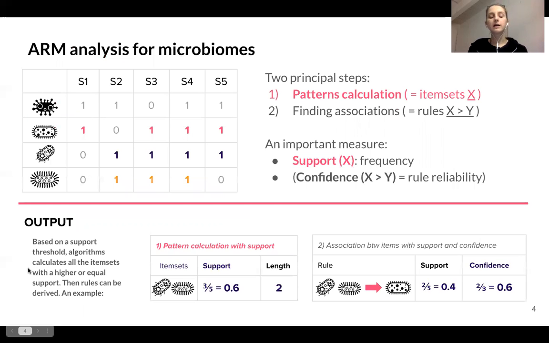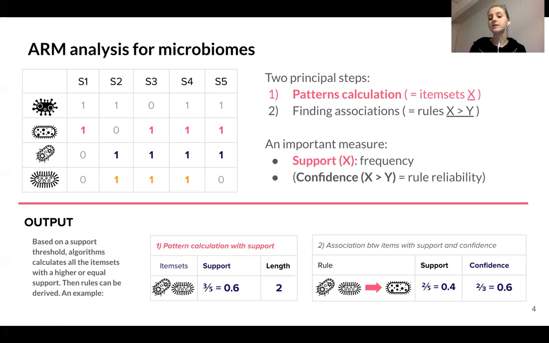So this is a little example where we have our presence-absence table, and ARM can be divided in two principal steps. First, the pattern calculation, so the calculation of the groups of species, in our case, that co-occur based on a threshold.